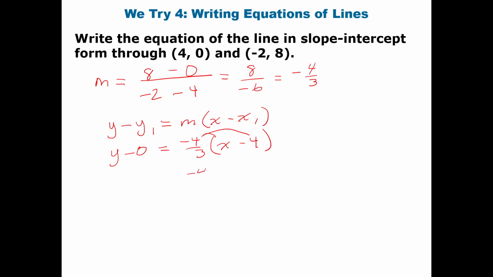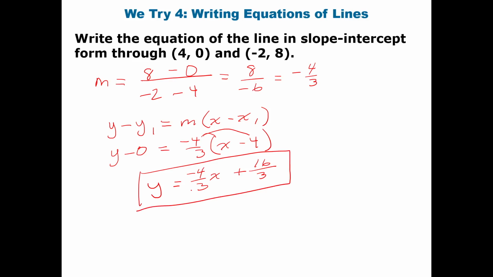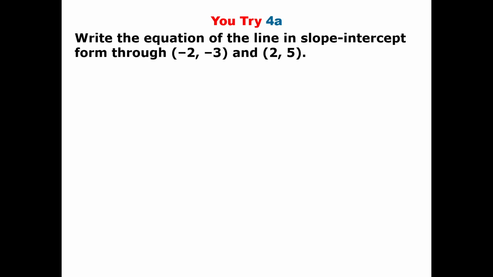Distribute, and I'll get negative 4/3 x plus 16/3 is equal to y minus 0. Well, y minus 0 is just y. So I'm done. Go ahead and pause the video and try this one on your own.